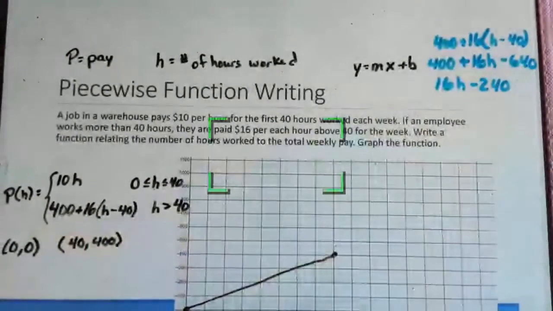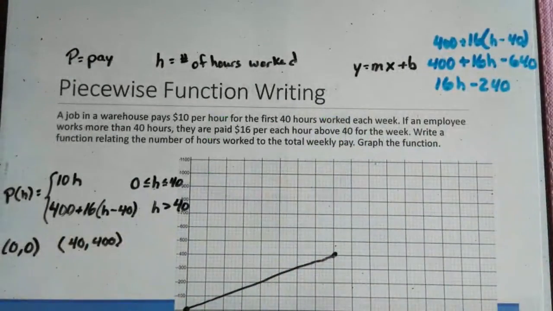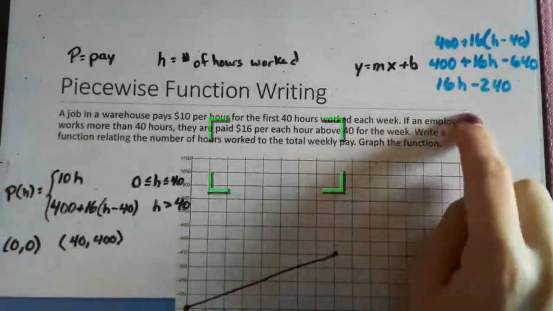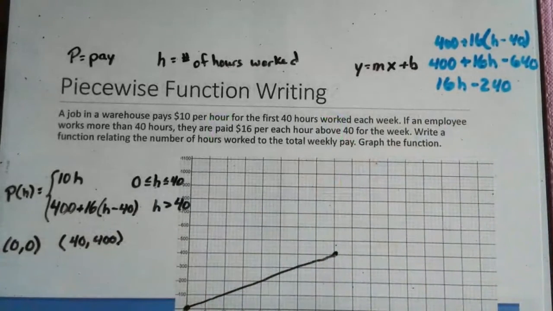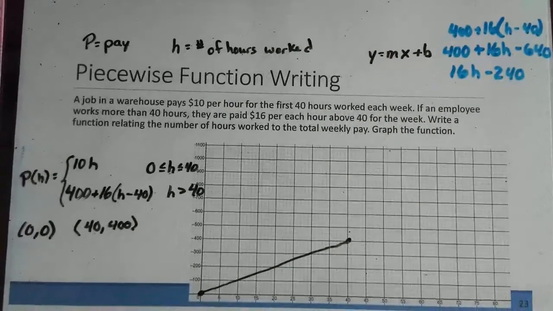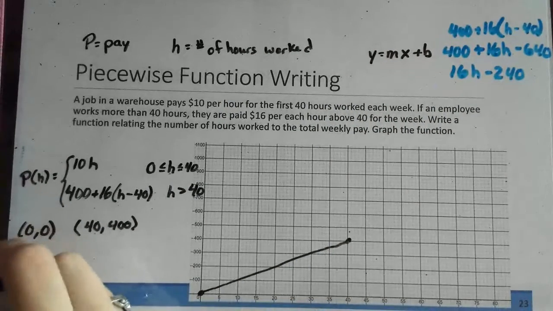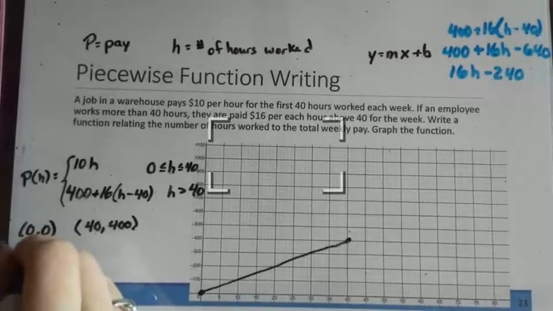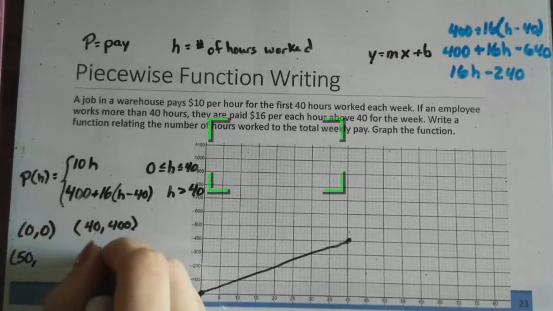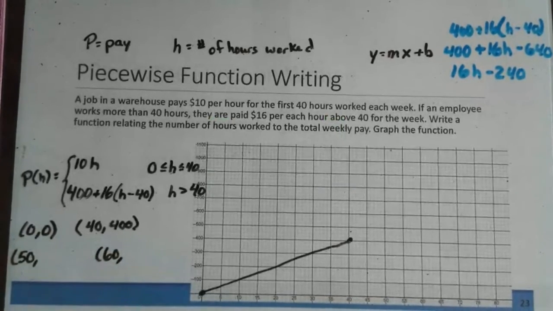That's in y equals mx plus b form as well. I only use this formula if h is greater than 40. So I need to find 2 points on this graph and see if I can make a line out of that one as well. So let's try plugging in h equals 50 and h equals 60.